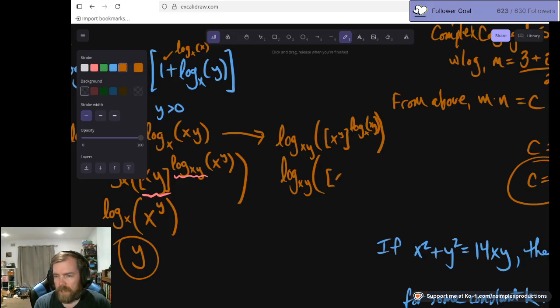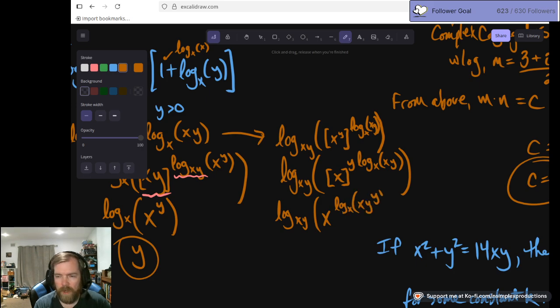So we end up getting x raised to the y log base x of xy, which is going to make us get x raised to the log base x of xy to the y. Exponent of y goes to xy.